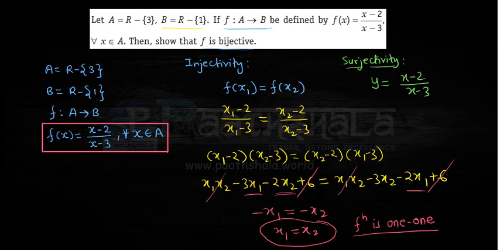We have to convert this equation to x equals something, so we are finding the inverse in short. Okay. So what we will get, y times (x - 3) is equals to x - 2.